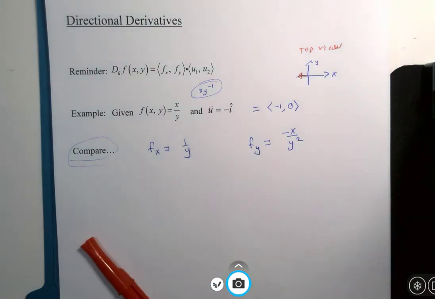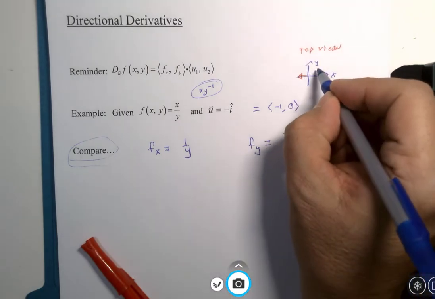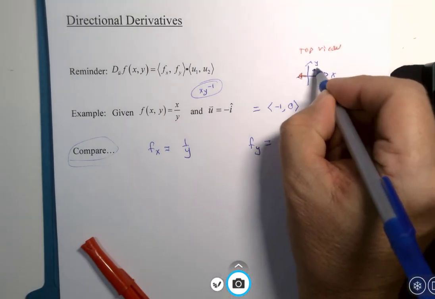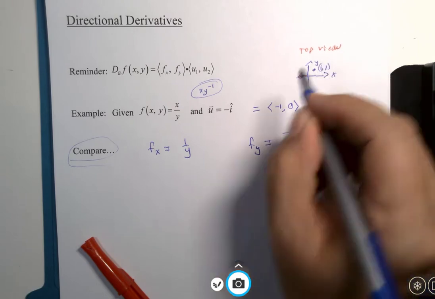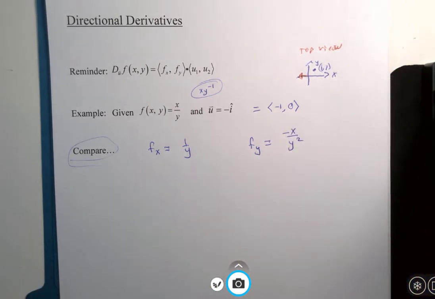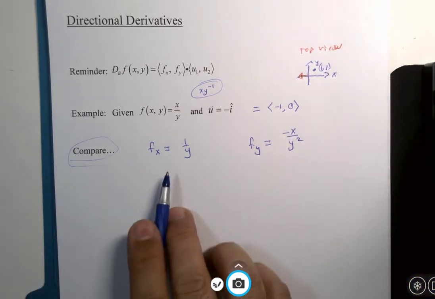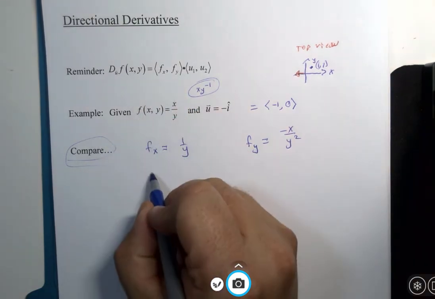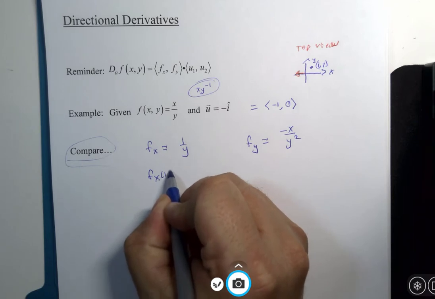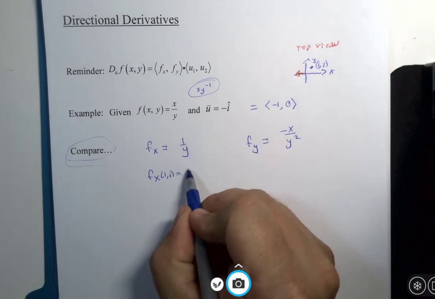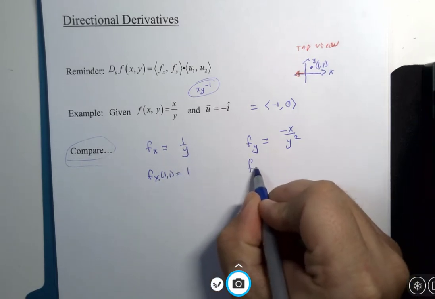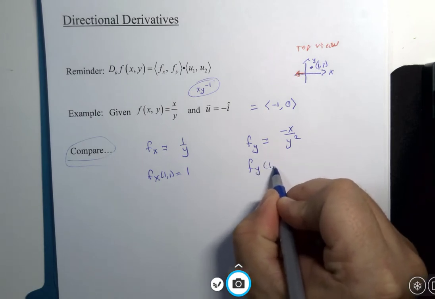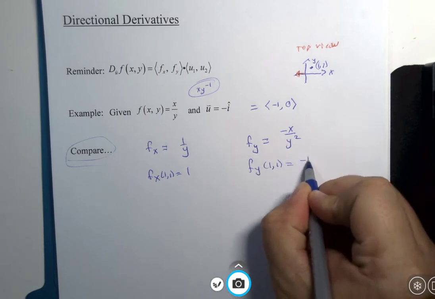What if we started here at the point 1, 1? If we do that, then this vector at the point 1, 1, I can get the details. If y is 1, that's going to be 1. And if x and y are both 1, that's going to be -1.